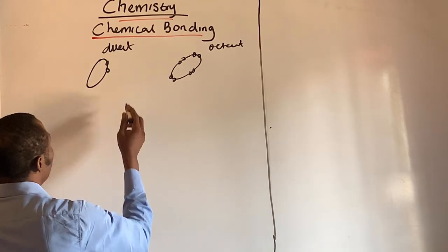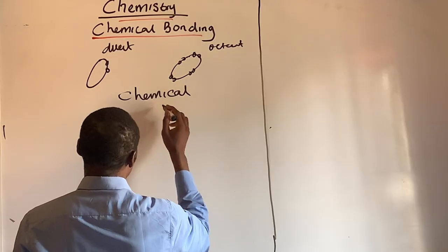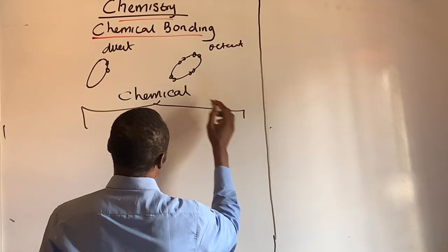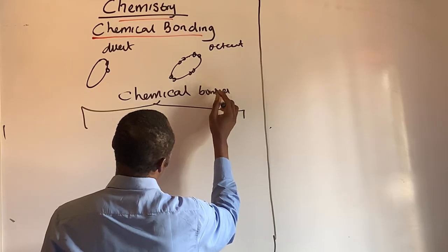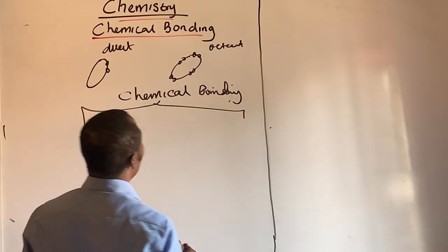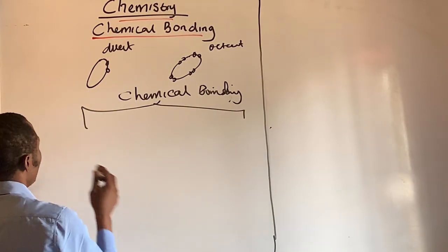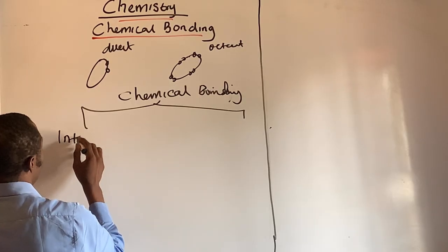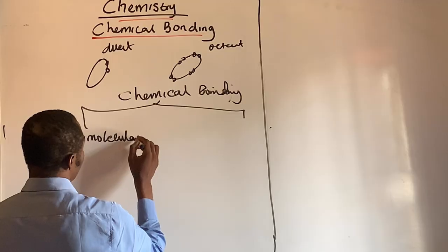Now, chemical bonding is broadly divided into two major types. Number one, we have the intermolecular bond.